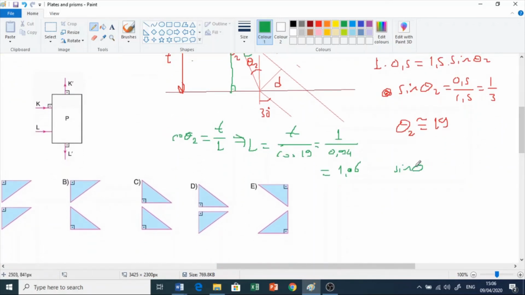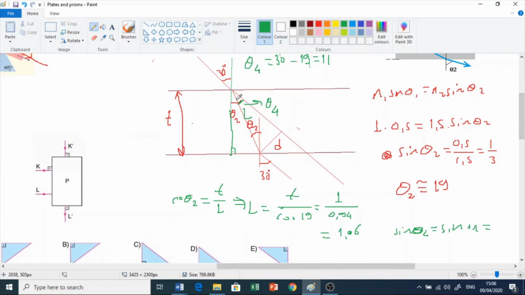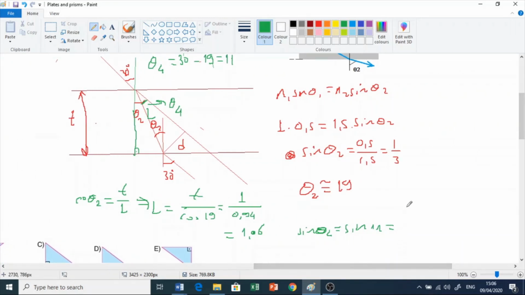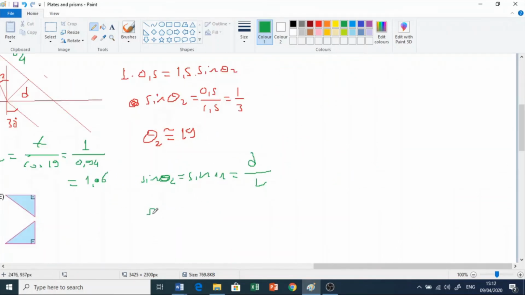Sine 11 will be equal to d over L. If you use your calculator, you are going to see that sine 11 is approximately 0.19. So from here, d will be equal to L times sine of 11. It will be equal to L, which was 1.06, times 0.19, and this calculation is going to give you approximately 0.2.